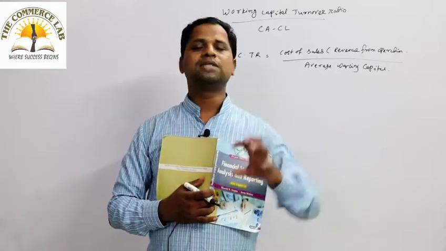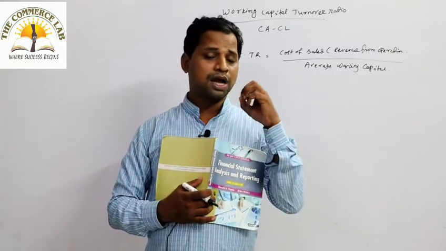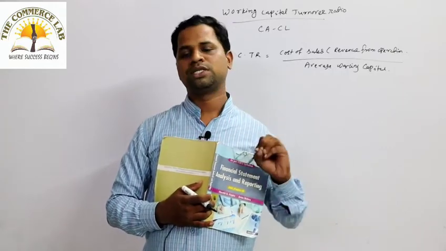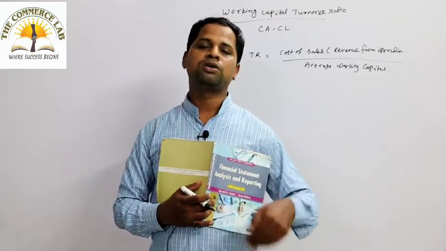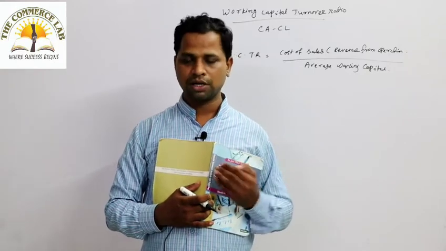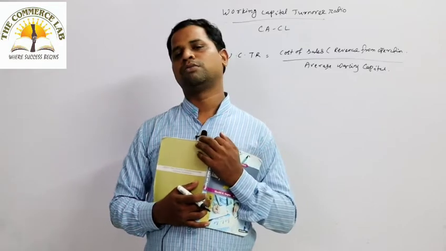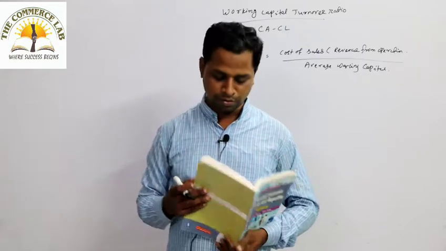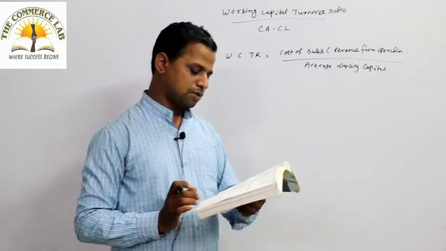So your current asset investment is known as working capital, and it should be sufficient to pay your current liability or short-term obligation. How many times in a particular year the working capital is turned is known as working capital turnover ratio. The higher the working capital turnover ratio, the better and more efficient the firm.